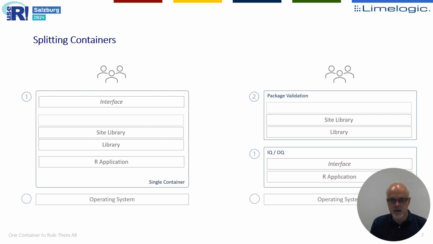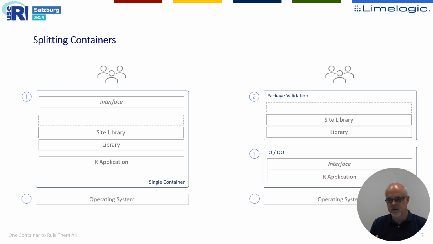We cannot execute parts of it at a time. But if we split the big container into two smaller containers, we will first build a container just based on the IQ/OQ documentation that we need to do. And then we use that as the source of building a second container, and that's where we install and validate all the packages.